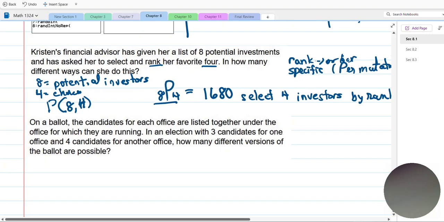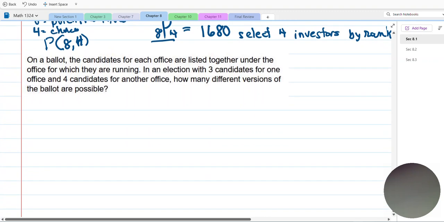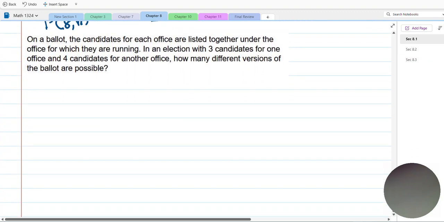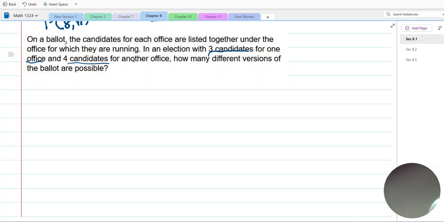Right. Here's our last question. Aren't you glad? Now you hope you've been making notes because I follow your homework very carefully. On a ballot, the candidates for each office are listed together under the office for which they are running. In an election of 3 candidates for one office and 4 candidates for another office, how many different versions of the ballot are offered?